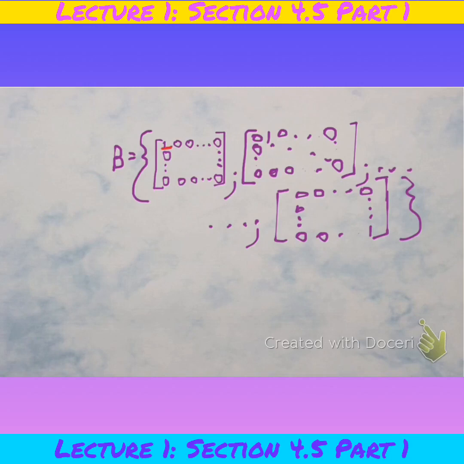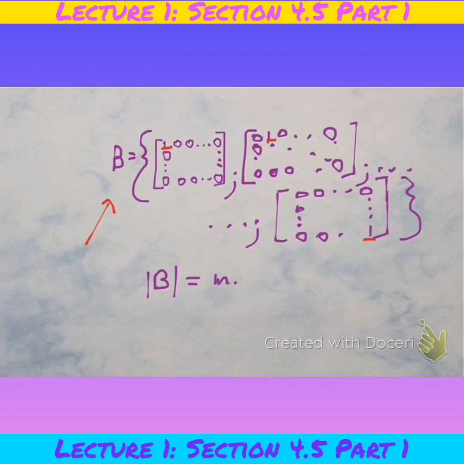These ones run through all the rows and the columns until you get to the last row and the last column. Now, if we had to count the number of vectors in B, pretty much all the positions that can be taken on by 1, there are exactly m times n such positions. So the cardinality of B, in other words, the number of vectors in B, is m times n.